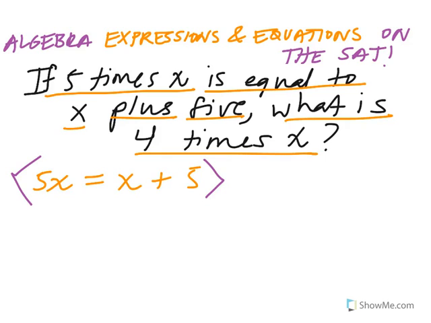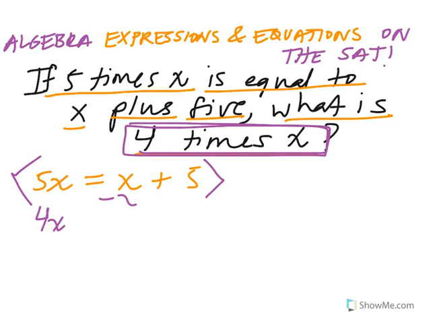Just notice how you can get 4x, the quantity that you're trying to solve for, just by subtracting x on both sides. When you do that, you see that 4x is equal to 5. That's it.